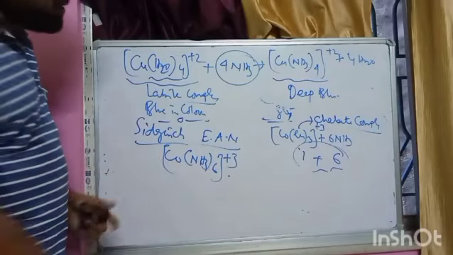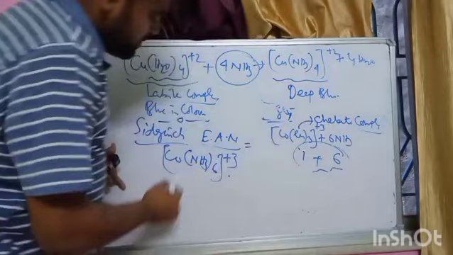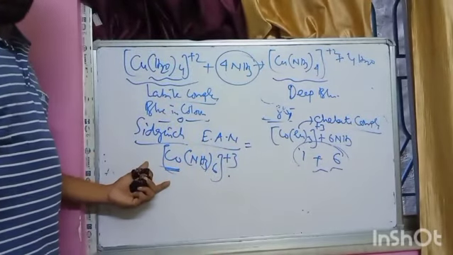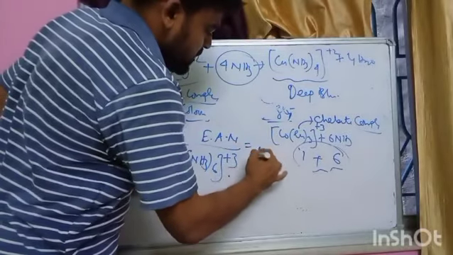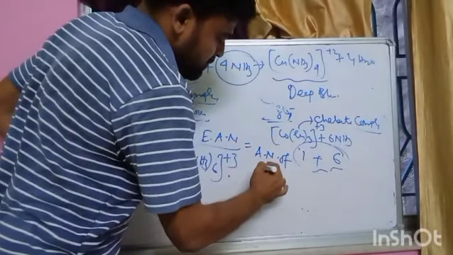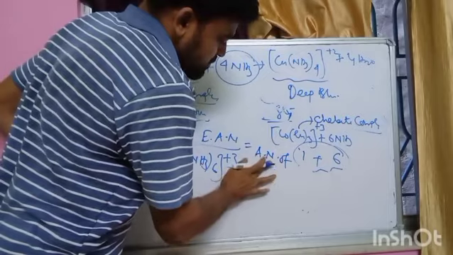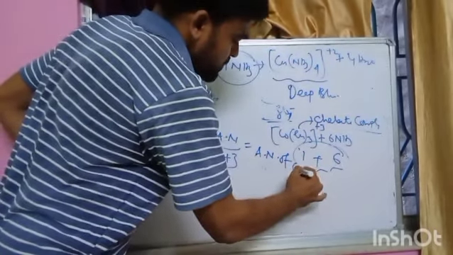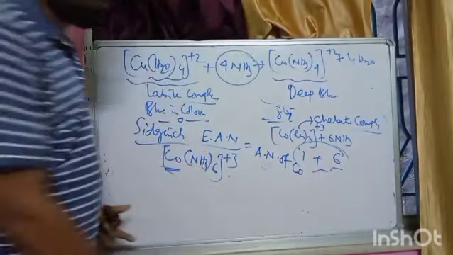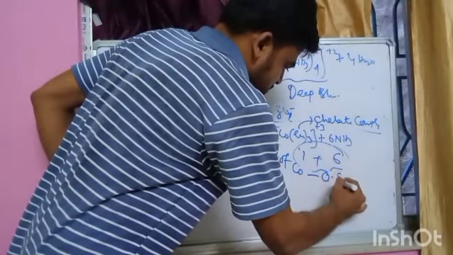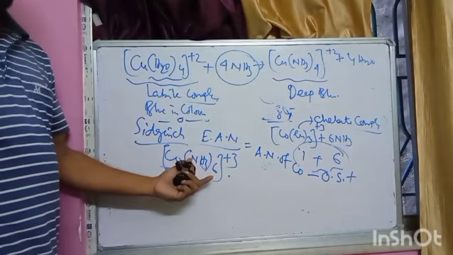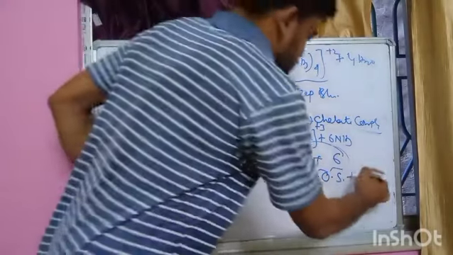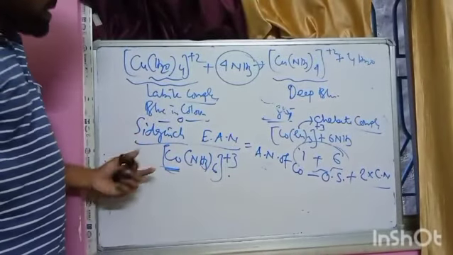The formula is the atomic number of the central metal, here cobalt, minus its oxidation state, plus 2 into the coordination number, or number of ligands. That is the formula of effective atomic number.